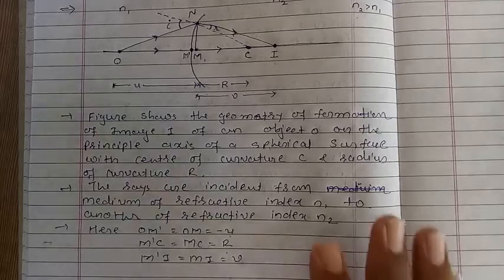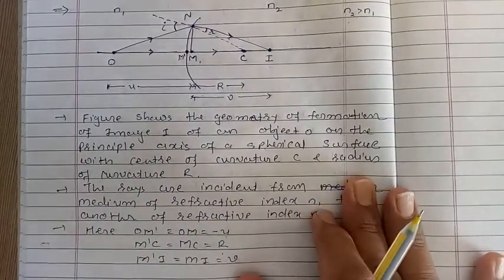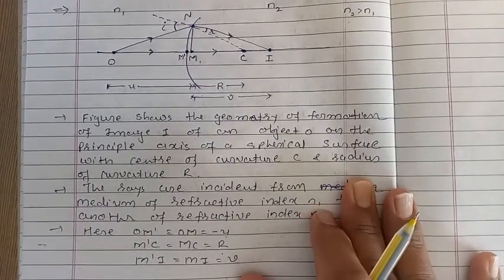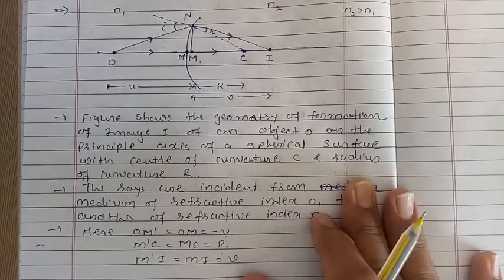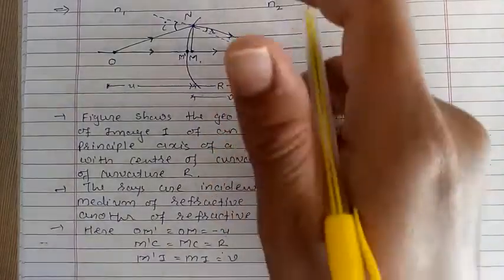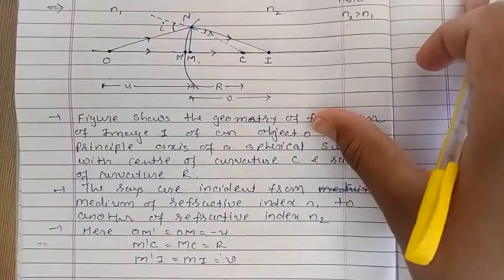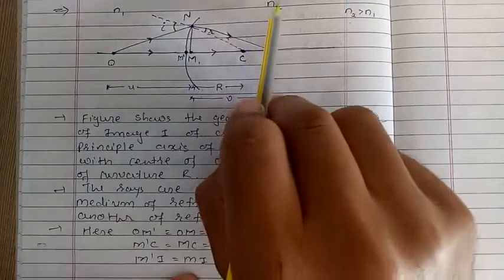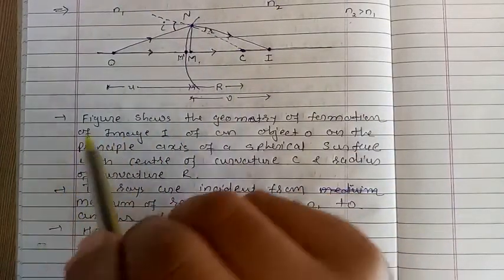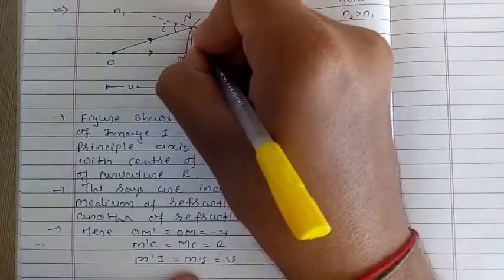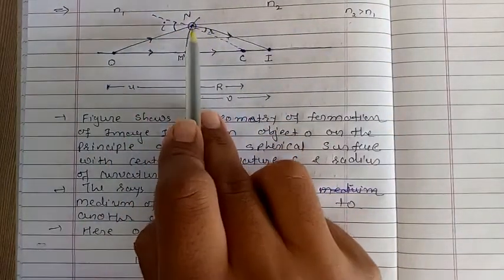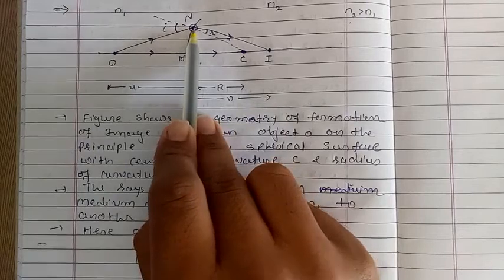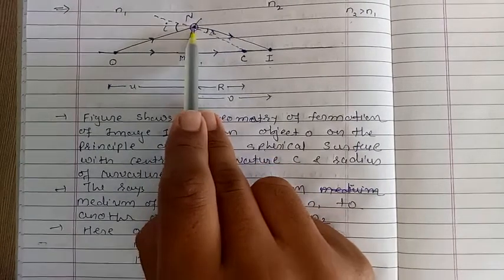Now friends, we have to prove the relation between object distance and image distance in terms of refractive index. So here there are two refractive indices, n1 and n2. See at this point N, you can easily see this point N. So friends, we apply Snell's law at this point.